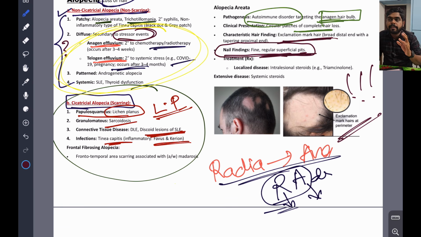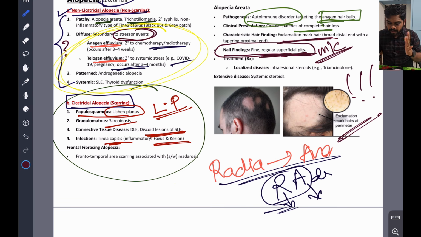When we discuss papulosquamous disorders, there are some nail changes we have to know, like subungual hyperkeratosis and salmon patches, and many terms I'm not discussing now. But in alopecia areata, fine regular superficial pits are the most common nail change.